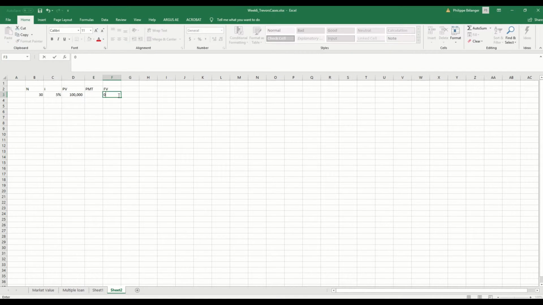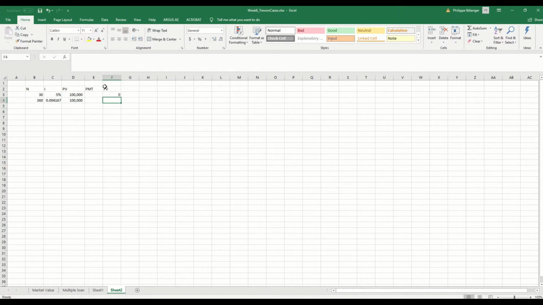With full amortization, and the payment will be PMT, so first function, equal PMT, rate. Oh, first it's monthly, so times 12, divided by 12, this will be the same.